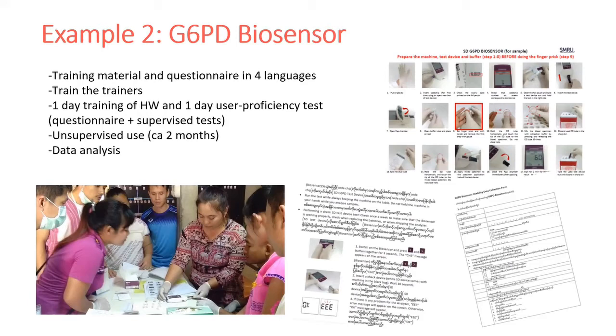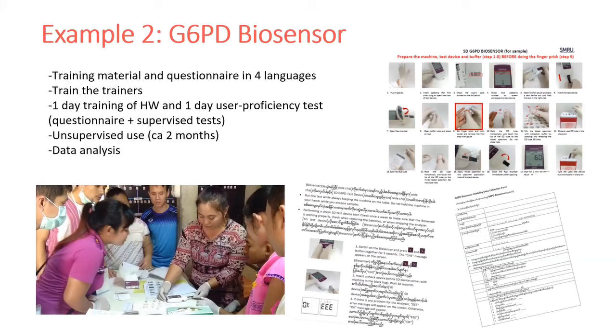And then we prepare the full SOP in the local language and English. And then we use a modification of a questionnaire that PATH had developed to assess usability of the test, to which we add another part that we could use for proficiency assessment.